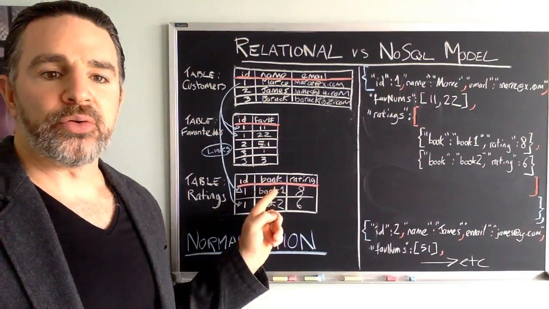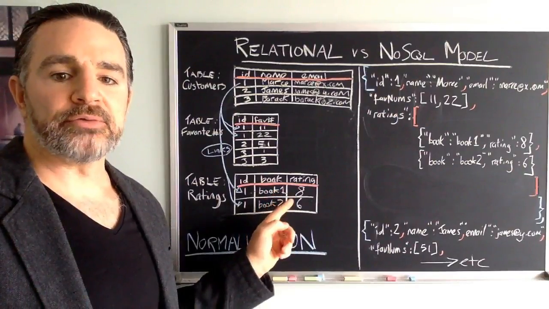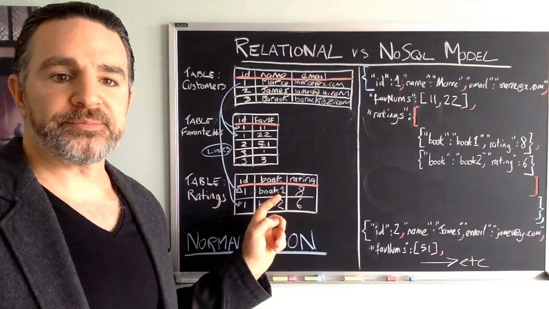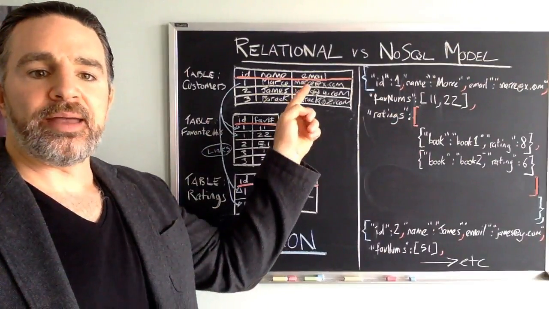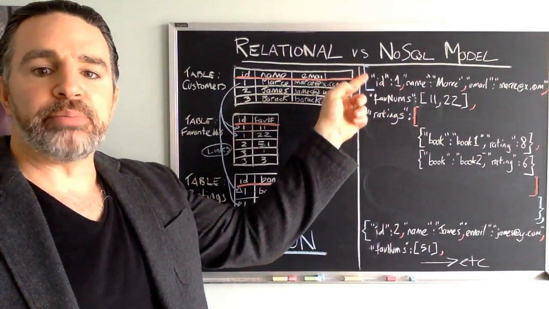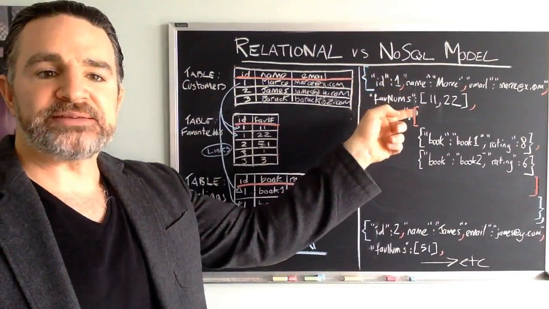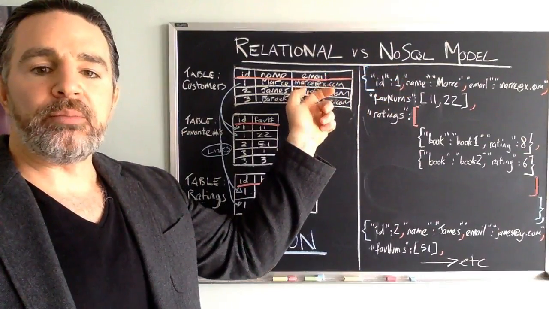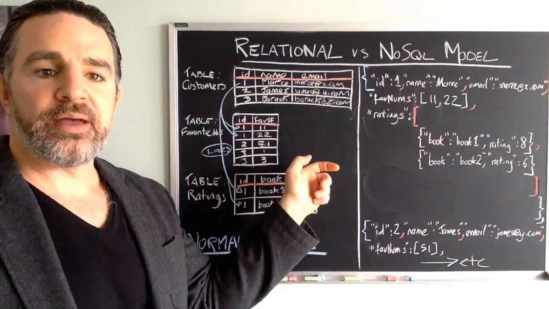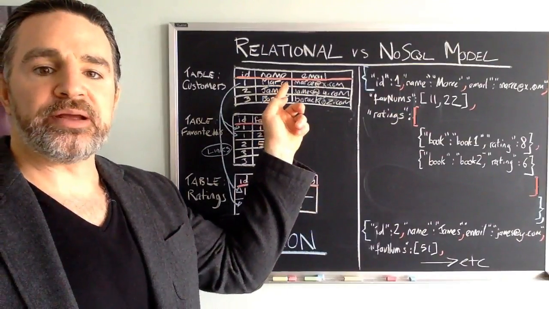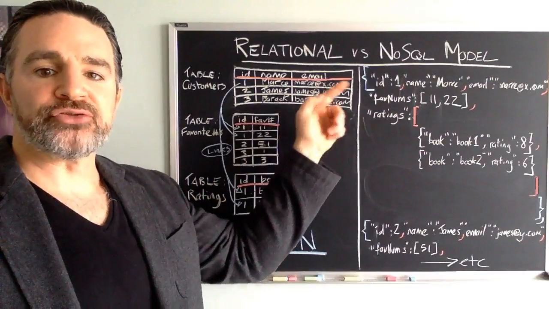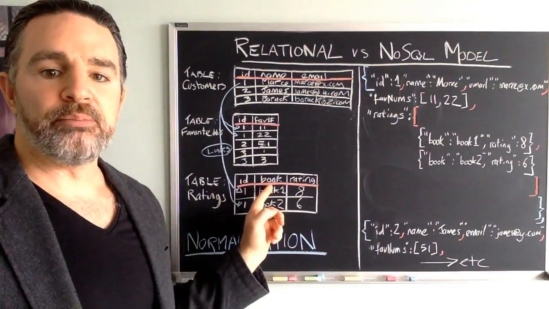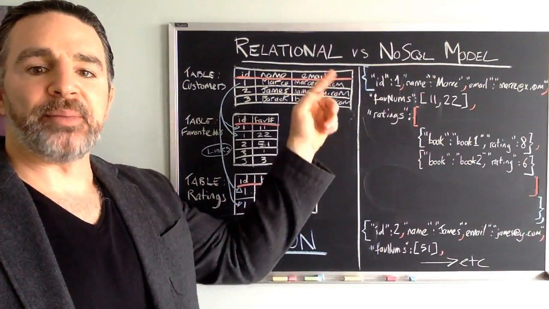wanted to record my customers' ratings for different books. This example would be even more complicated to add to here. If I added book name and rating, I would end up with many duplicates of name and email in this table by trying to include book and rating into my main customers table.